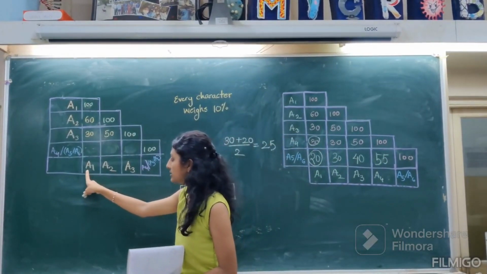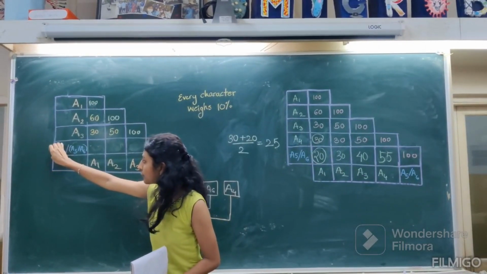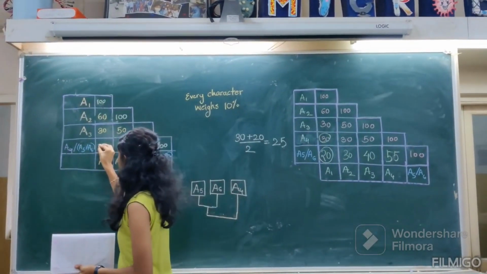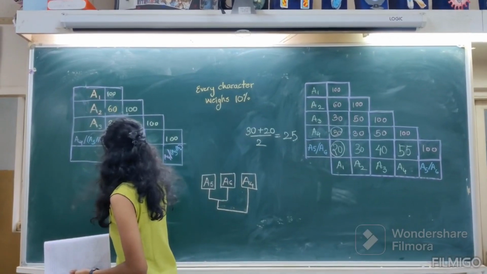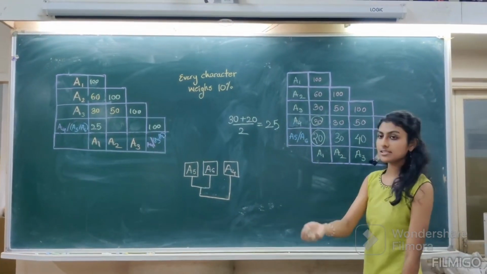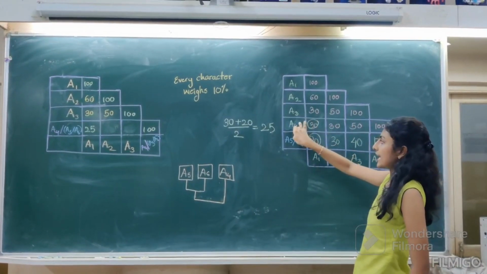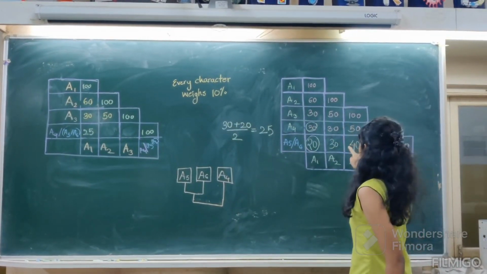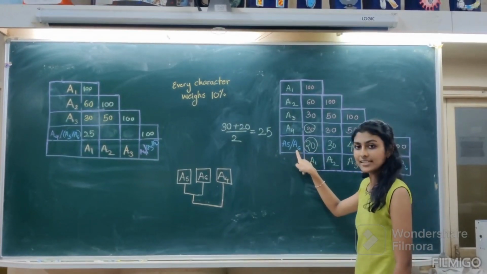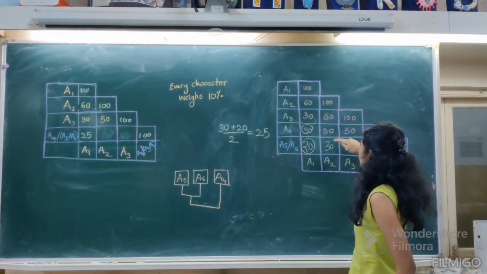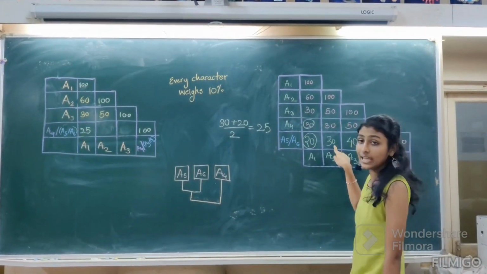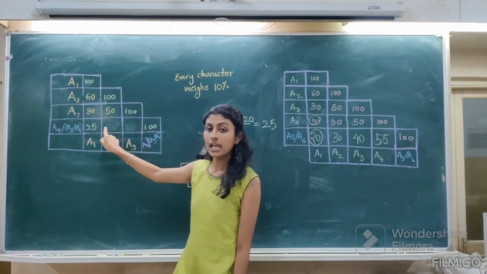So your A1, when compared with A4, A5 and A6, comes out to be 25. Now next organism is your A2. A2, when compared with A4, we have 30, and A2 when compared with A5 and A6, again we have 30. So the average comes out to be 30.